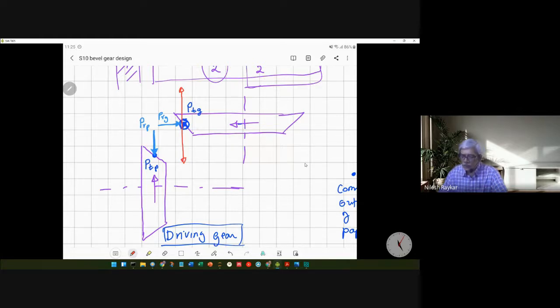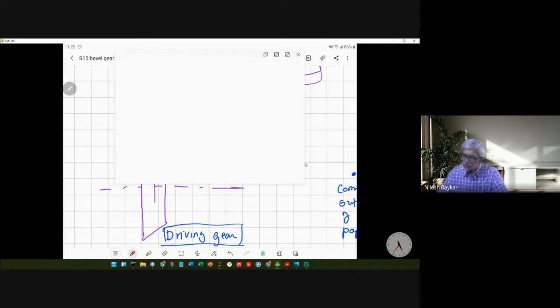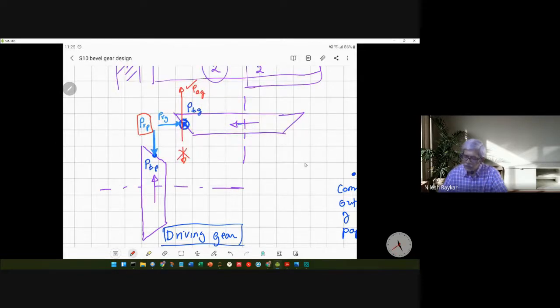Now if you look at this diagram, for the equilibrium of these two bodies, you already have a force in the vertical direction, which is defined by the radial force P. To nullify this force and make the equilibrium, the axial force on the gear has to be in this particular direction. So this is the PA for the gear. The other direction is not possible because it will not be able to nullify the radial force.